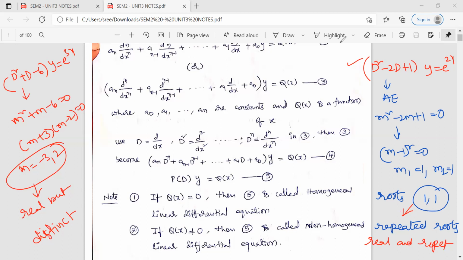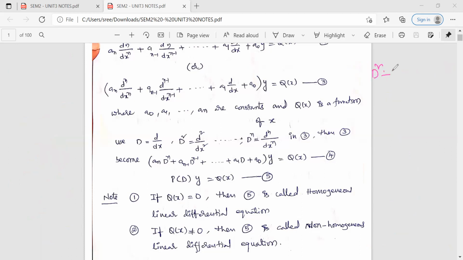And third one is complex. If the given equation is (D square plus 1) y equals e power 3x or cos x or sin x, anything, first we write the auxiliary equation: m square plus 1 equals 0, m square equals minus 1, m equals plus or minus root minus 1, that means plus or minus i.